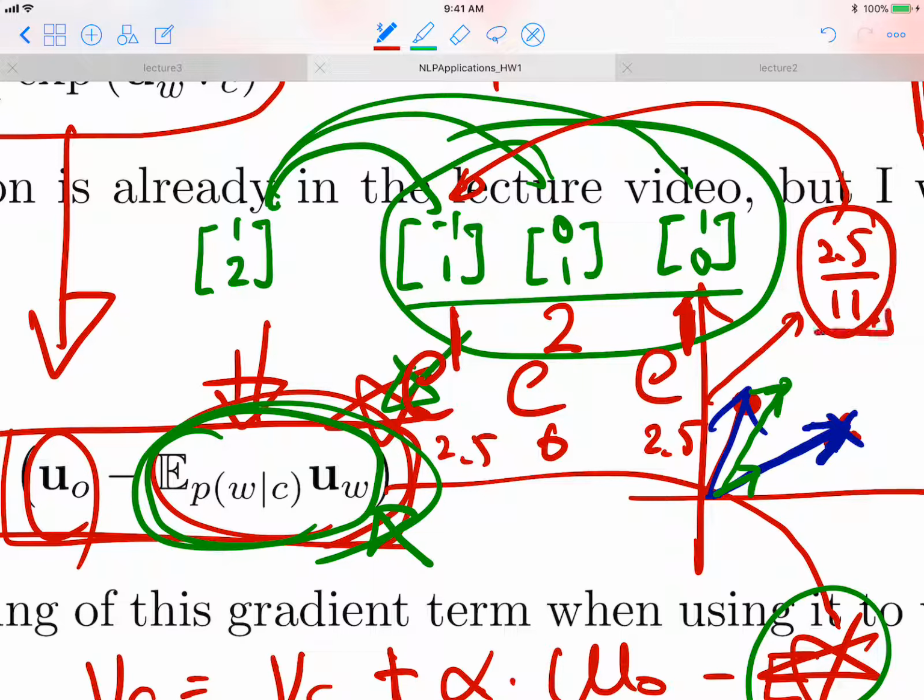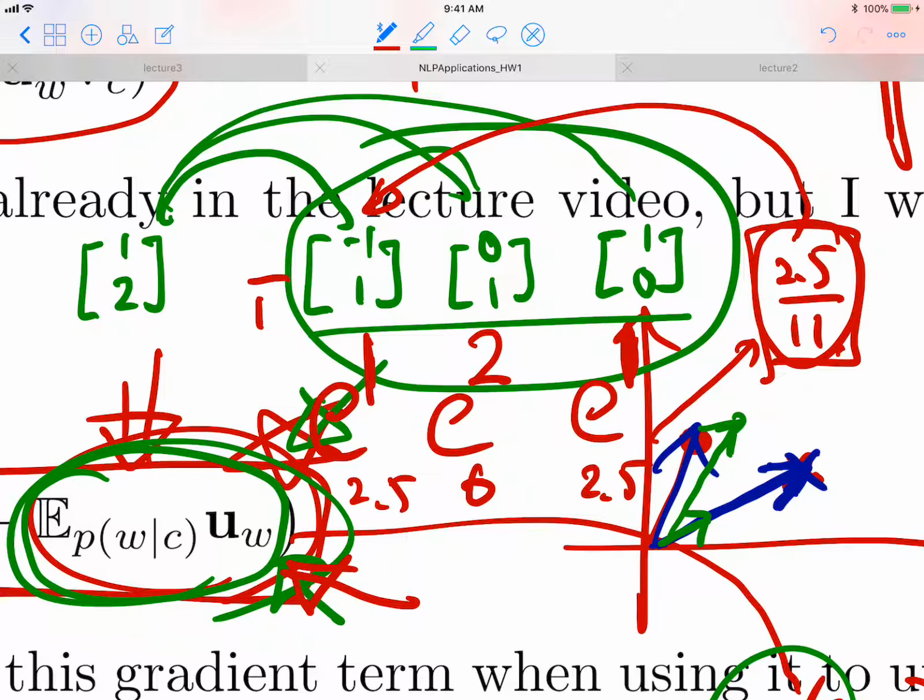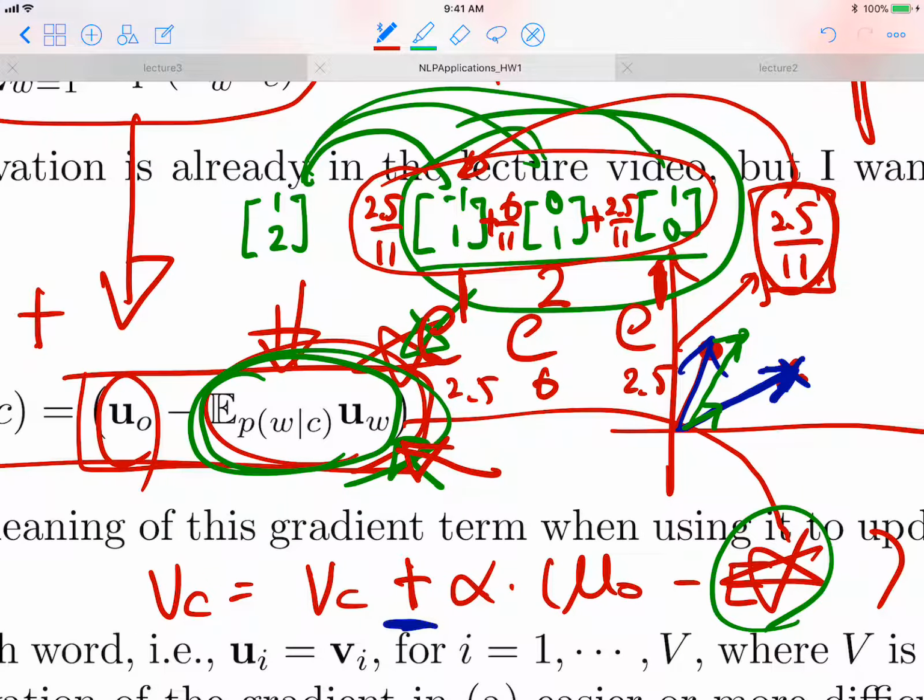This is used as a weight to compute the weighted average, since expectation is basically a weighted average: 2.5 over 11, 6 over 11, and 2.5 over 11. These are the weights based on the similarity and the softmax operation, and then we add them together, and altogether this is the vector over here.